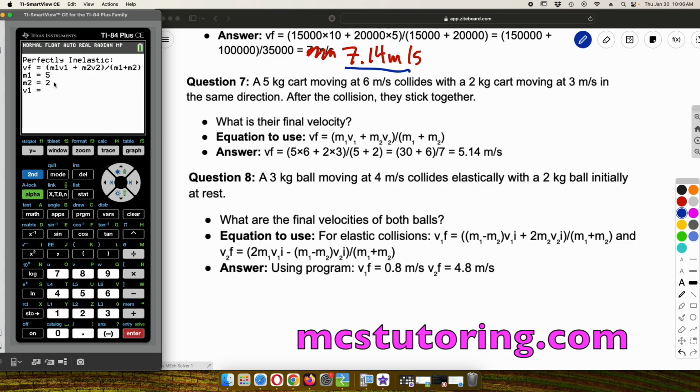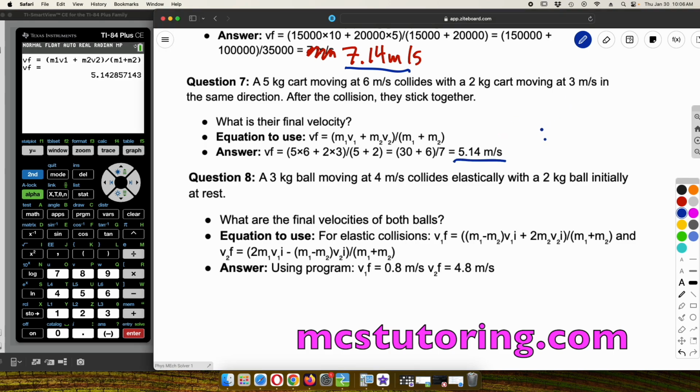Again, be careful because I switched up the masses and velocities when entering the prompts for the program here. V1 is 6 meters per second, and V2 is 3. And so the final velocity is 5.14 meters per second. Yay, we got it right.